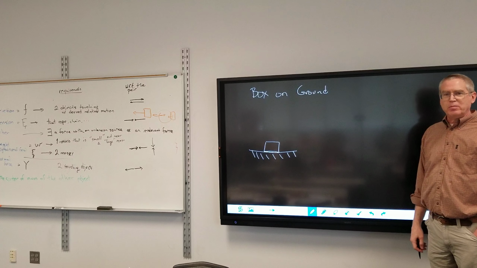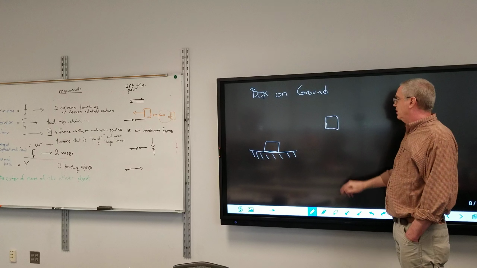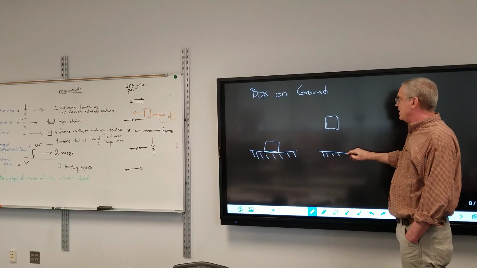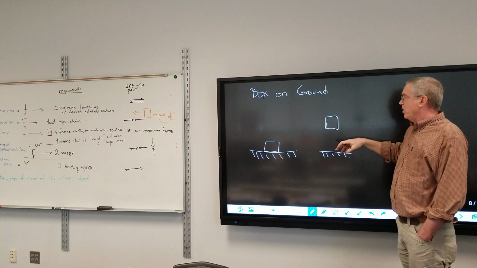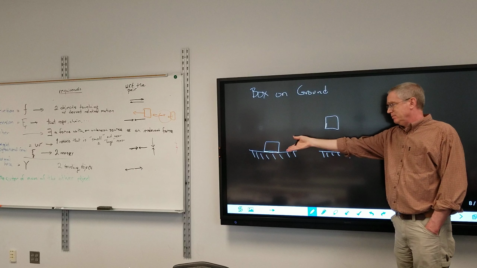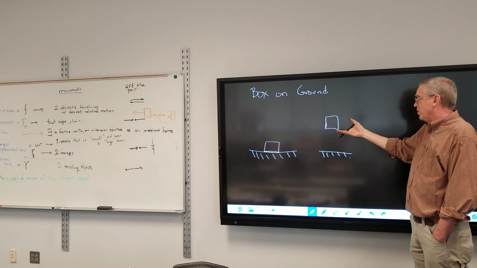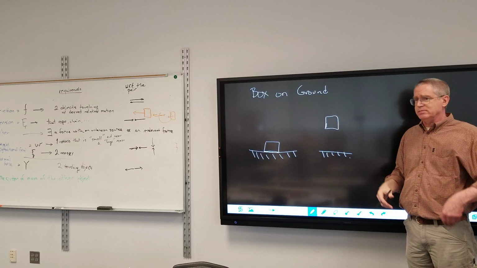First thing I'm gonna do is draw my two objects so I have some working space here. I'm not claiming that the box is in the air now. What I've done is I've drawn the box, I've drawn the ground. You don't have to draw them in the same orientation, but I recommend it. The box is above the ground in the problem, and so I'm gonna draw the box above the ground. Sometimes you run out of space when it gets more complex, but do as best you can.